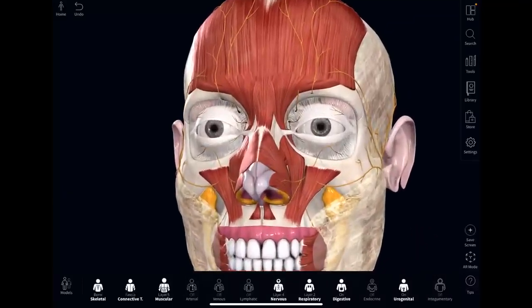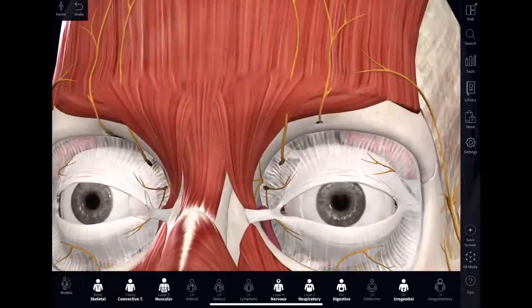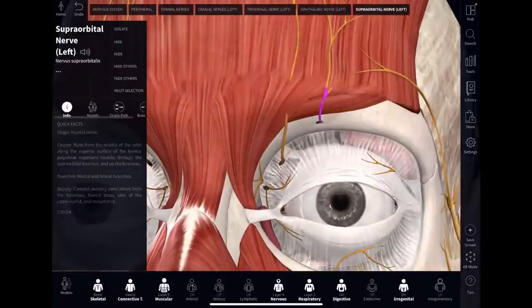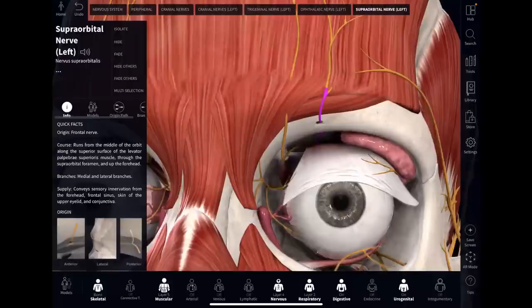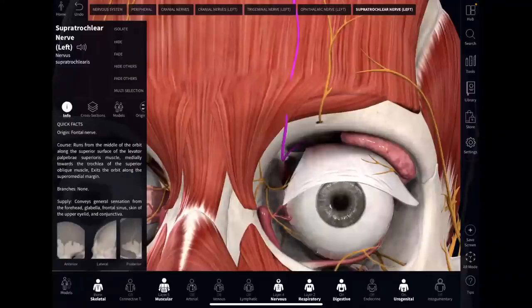Okay, remember now, Seiden is above the eye and below the eye. So you have the nerves above the eye. Oh, I missed the nerve itself. Okay, that's the supraorbital nerve, as is the supratrochlear nerve.